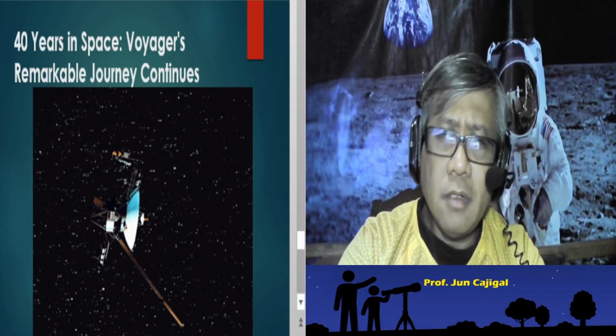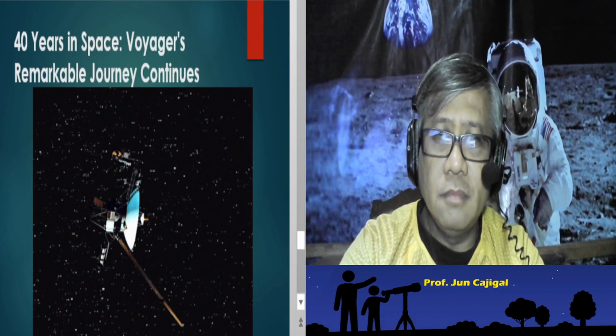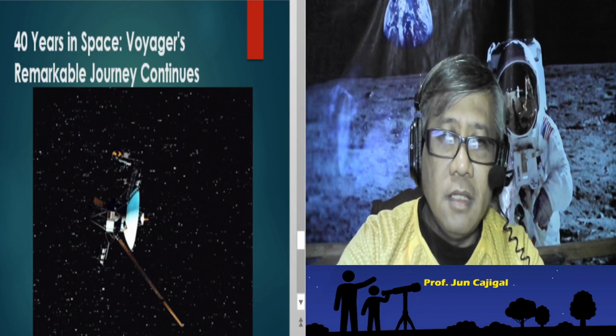Now, what is remarkable about Voyager, my dear netizens? Now, inside Voyager, you have a golden disk. Yan, itong golden disk na ito. Now, recorded in this golden disk are images of our planet and the sounds of planet Earth.